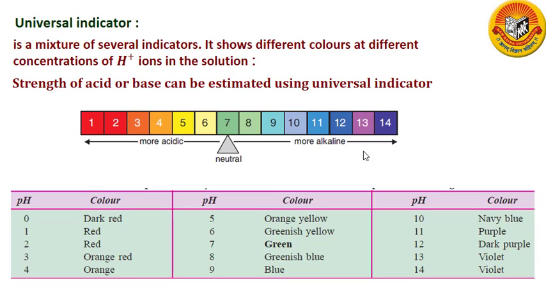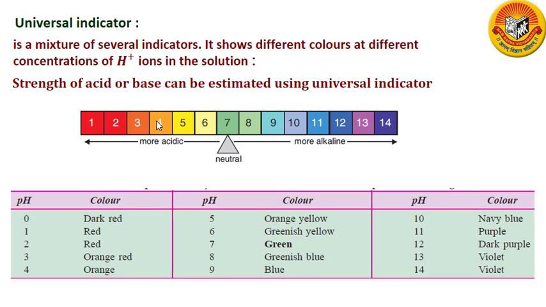For example, if on putting a drop of a solution on the universal indicator paper, the paper turned dark red, suppose it turned dark red like this, then its pH will be around 0, and hence it will be a strong acid. On the other hand, if we obtain an orange color, see here, then the pH will be around 3 or 4, and it will be a weak acid.